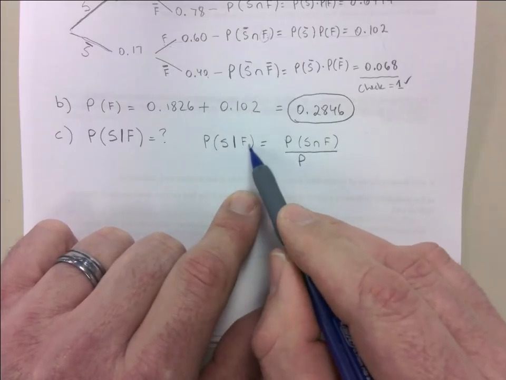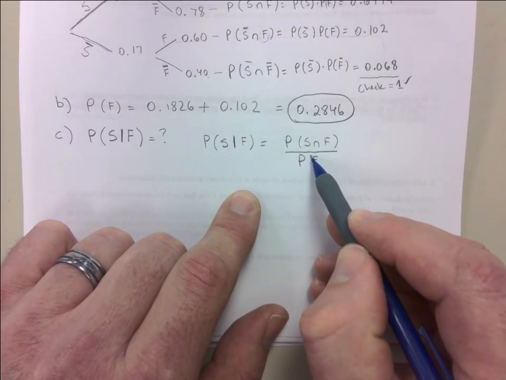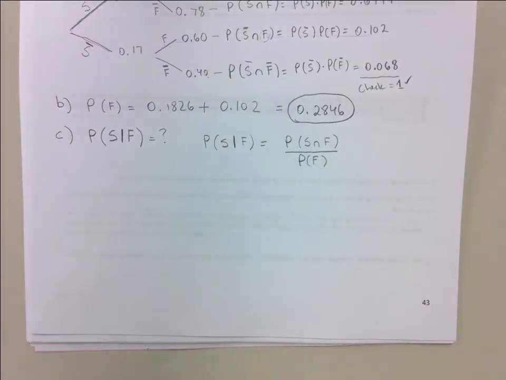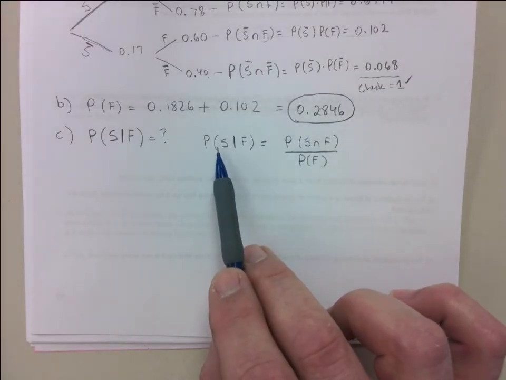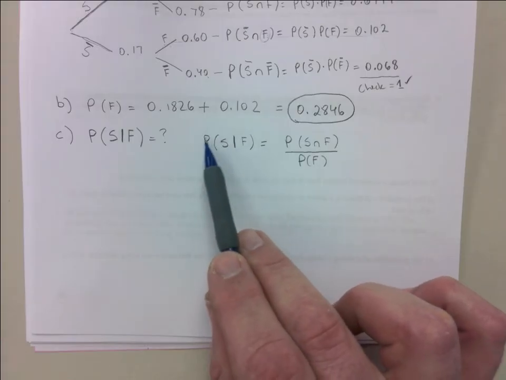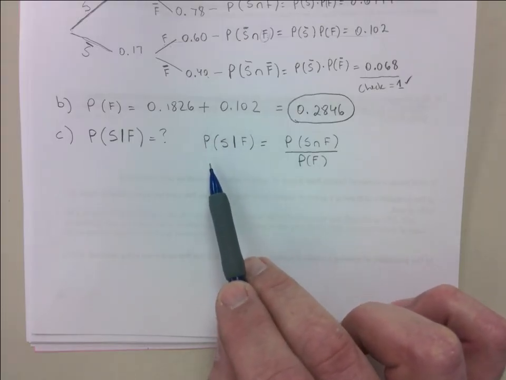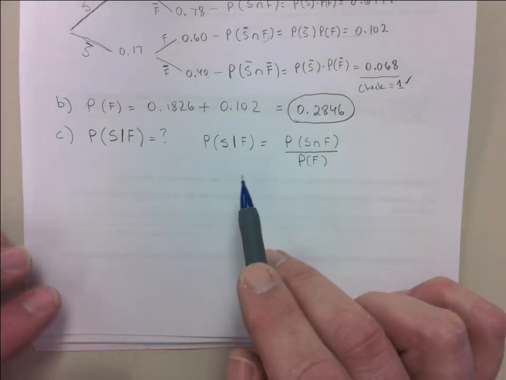Of falling. That is the pattern. Always, always, always. The hardest part here is just to decipher what the question is trying to ask, or which one it is asking for.